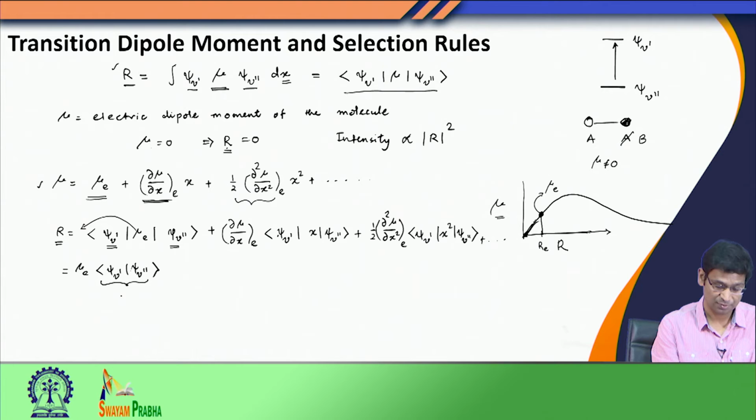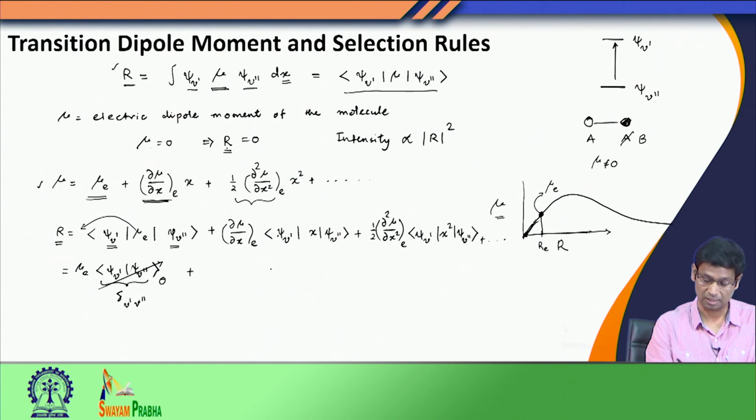So, this becomes delta v prime v double prime. Only when v prime is equal to v double prime will this become 1, otherwise this is 0. Now, since we are talking about a transition from one level to another, necessarily v prime is different from v double prime. So, these two functions are orthogonal to each other, and this term becomes 0.